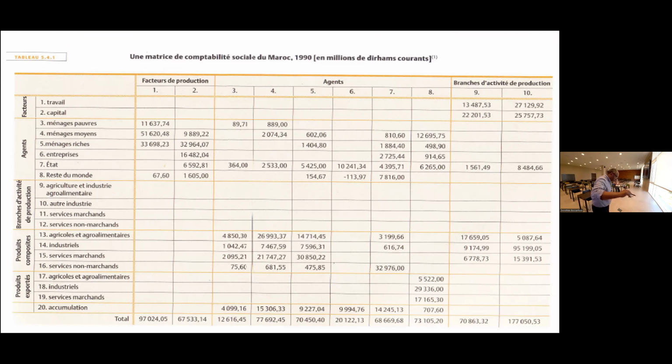Look at column 9. We have the activities. In the activities, we have agriculture, and we take it here in the column. When we cross the labor, we have the salaries. And when we cross capital, we have the capital earning. Yes, this is salary. This is a capital earning.